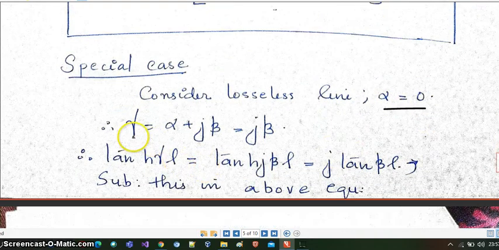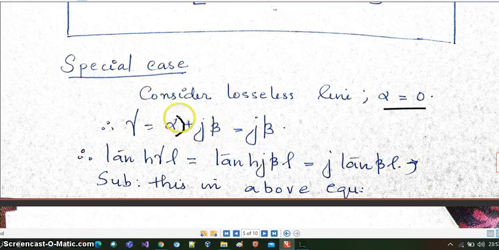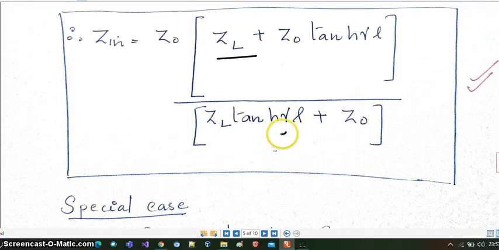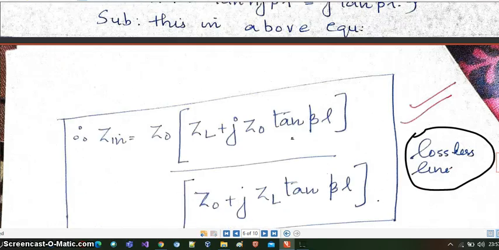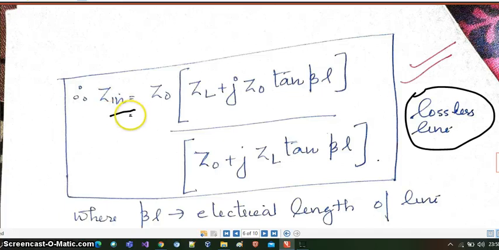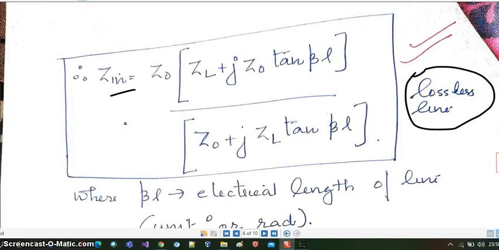You know that gamma is equal to alpha plus j beta. Here you substitute alpha equal to 0 in place of gamma, and finally you will get Zin for the lossless medium. And that's all in this video. Thank you.